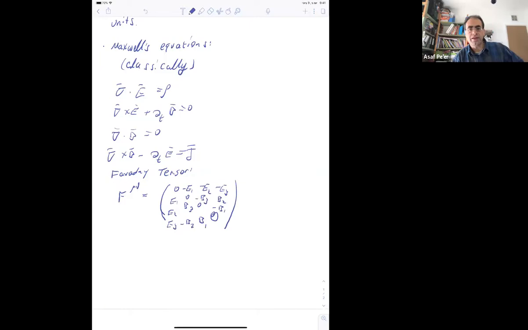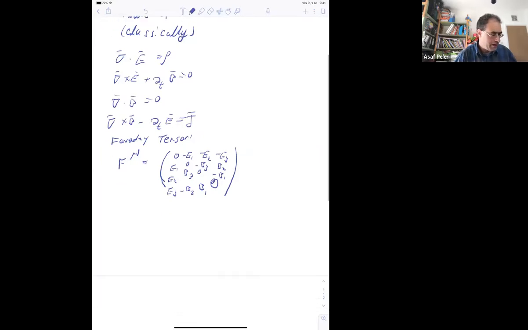It is a tensor in the sense that under a Lorentz transformation, it transforms like a tensor. Or in other words, you can think of it as a mapping from two covariant vectors to R. More on that in the GR course.